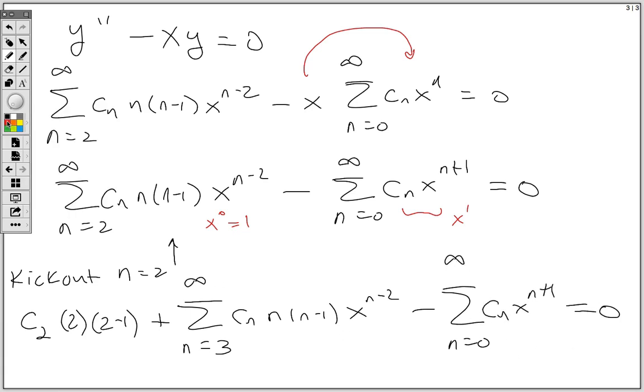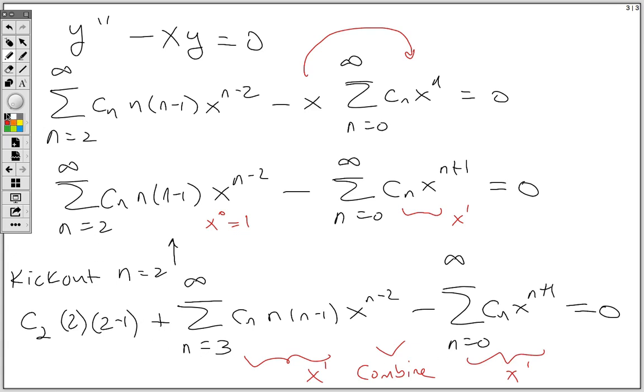And so now both of these series are going to start with x to the first power and continue on forever, which means I want to combine these series, right? In order to combine them, I need to re-index them.